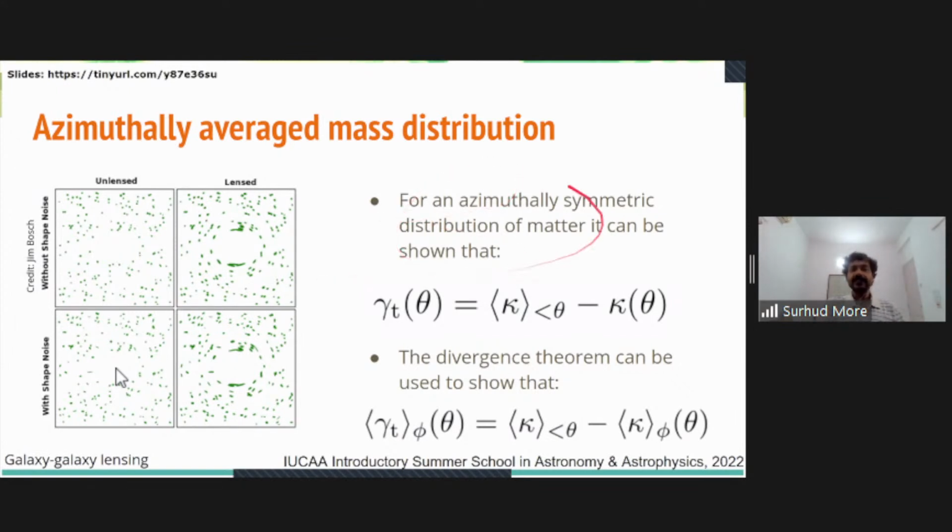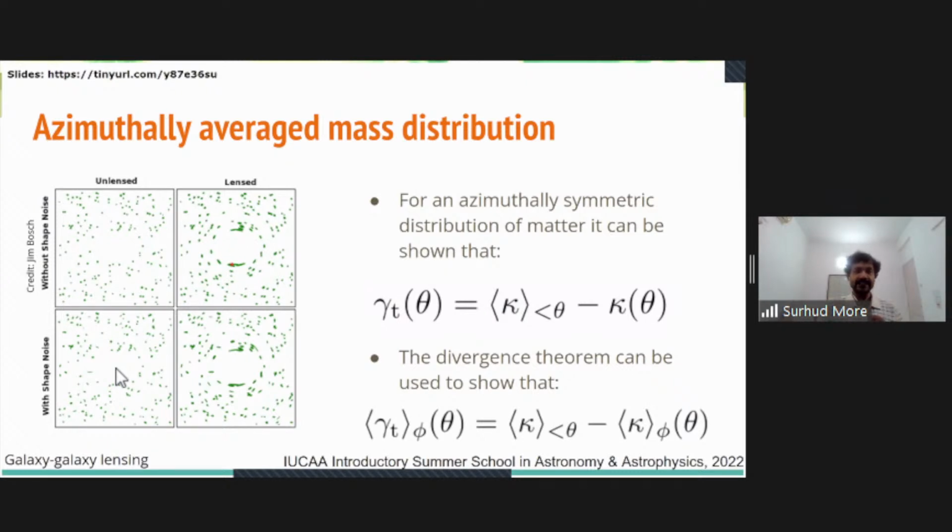So for an azimuthally symmetric distribution, you can show that when you average the tangential shear, so the shear which is oriented in the tangential direction, right? So you can define a line from the location for which you want to measure the shear and the galaxy and figure out what is the tangential direction and reorient your axis along the tangential direction. So that will allow you to figure out what is the tangential shear.